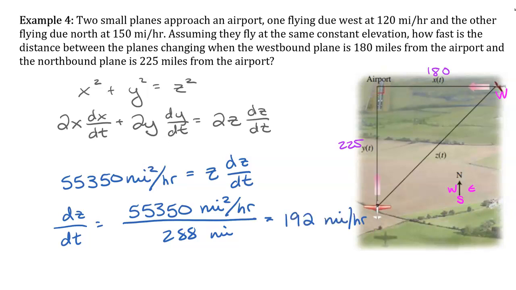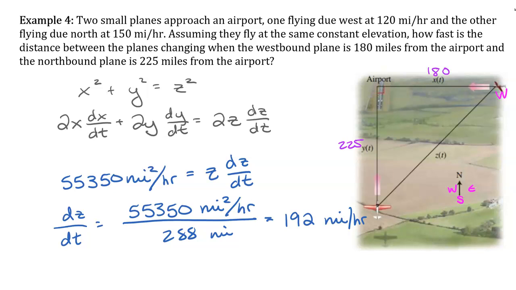So we get a lovely 192 miles per hour. Now this is slightly strange. Why is it strange? Well, we are getting closer to the airport, which means these two planes are getting closer together.